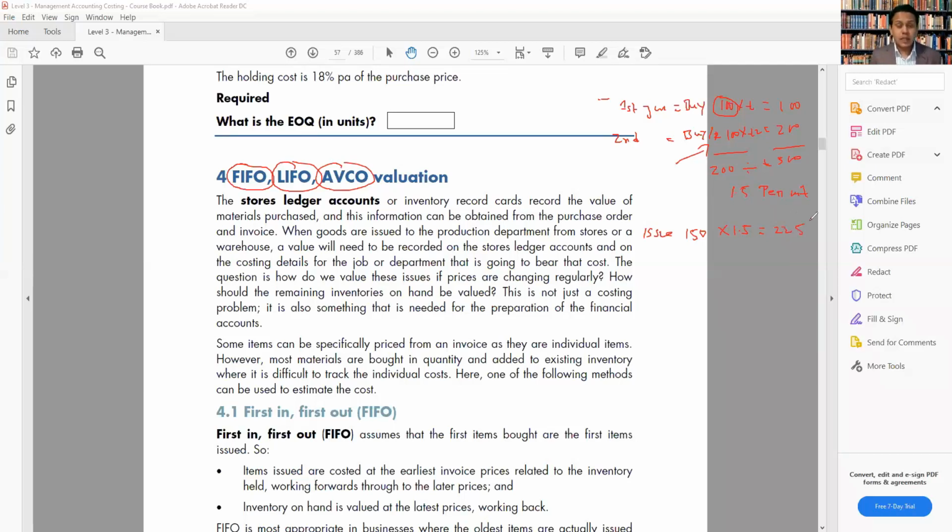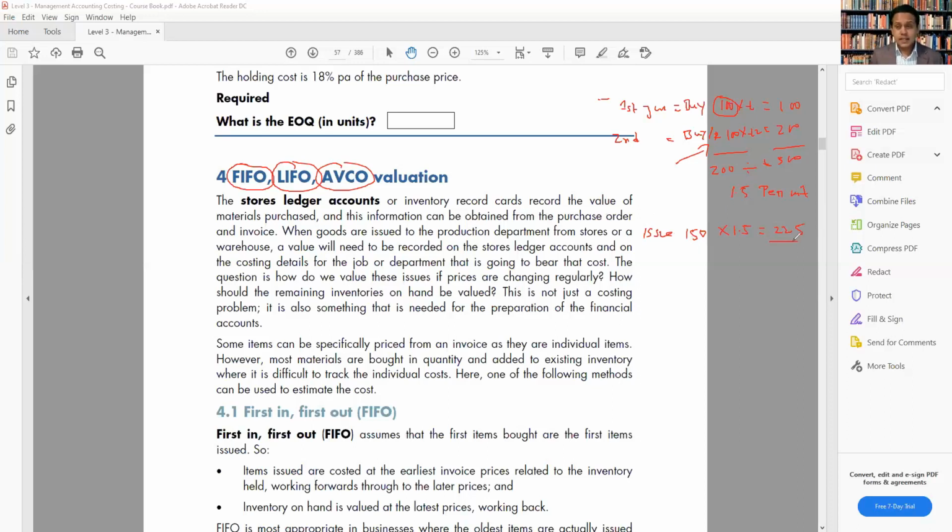So every single method will give you a different issuing value. When we used FIFO, you can see that was 200 the cost. Now as soon as we switch the method, as soon as we're using AFCO, we can see now the valuation is 225.